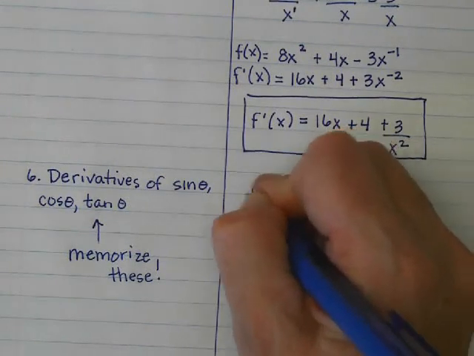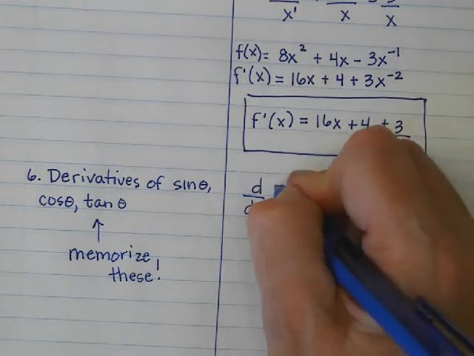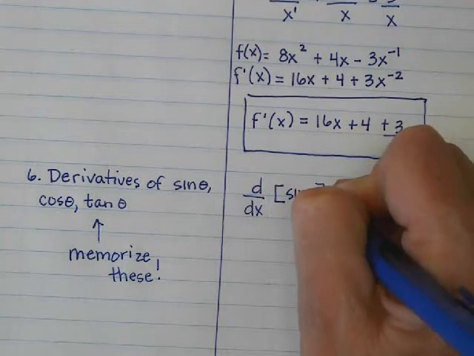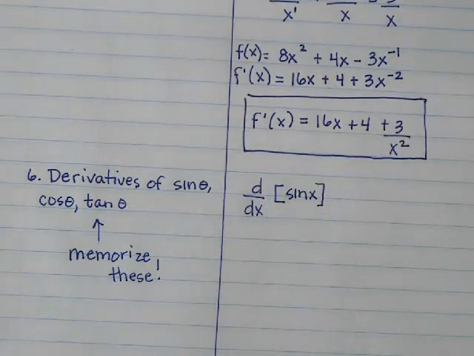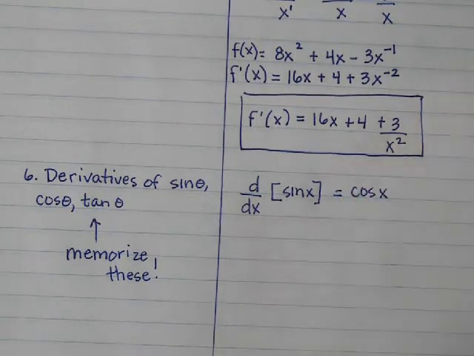Okay, here's what I want you to know. The derivative of the sine of x or the sine of theta, it doesn't matter what we put in there. Well, the derivative of the sine is the cosine.